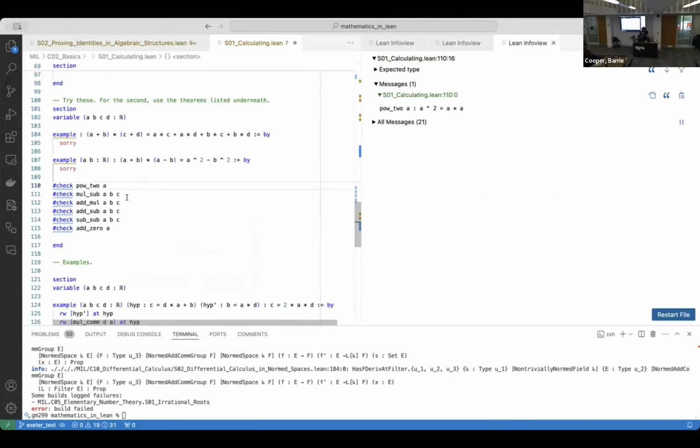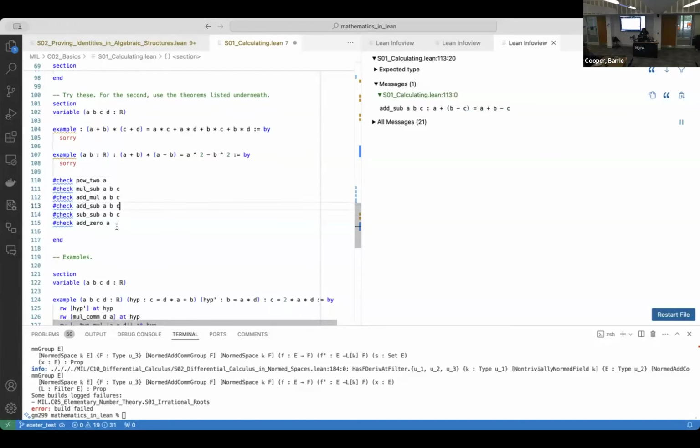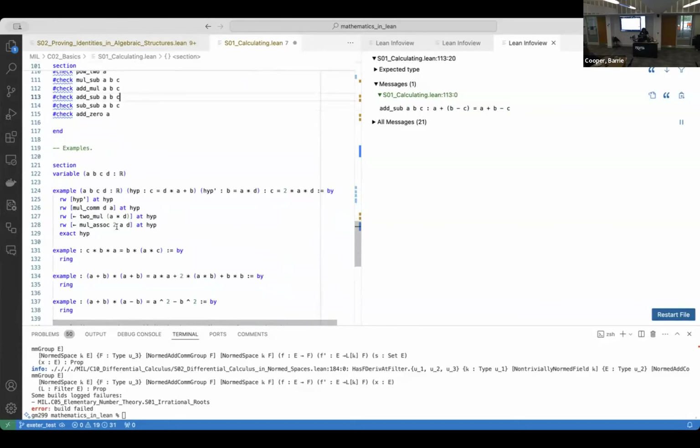So we're seeing the type of the proposition pow_two a. The proposition pow_two a is the statement that a squared is equal to a times a. Or if you're a mathematician, that's just what it's saying. So this is how you see what theorems are asserting.